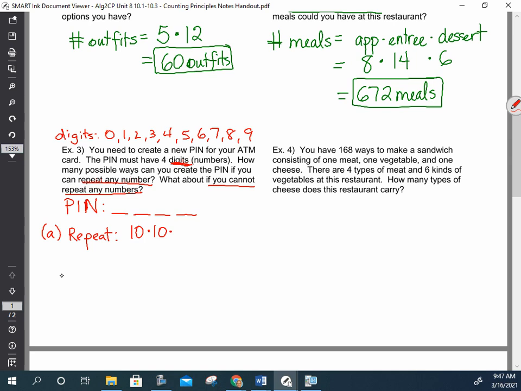The third number, since I'm allowed to repeat, I still have 10 options. The fourth number, I can repeat, so I still have 10 options. So the first 10 represents the first number, second one represents the second number, third number, fourth number.